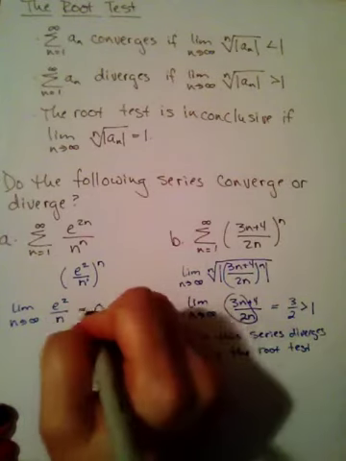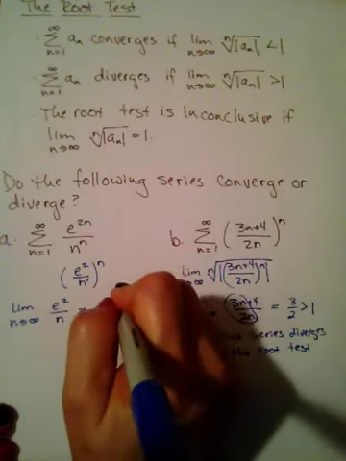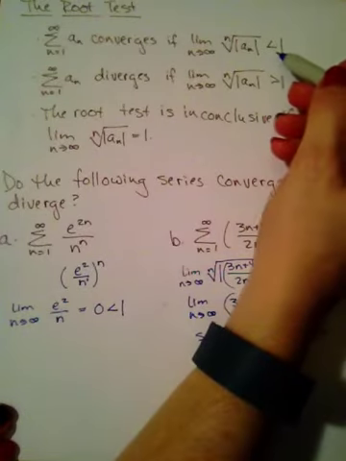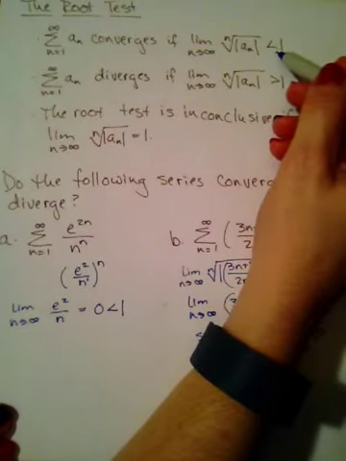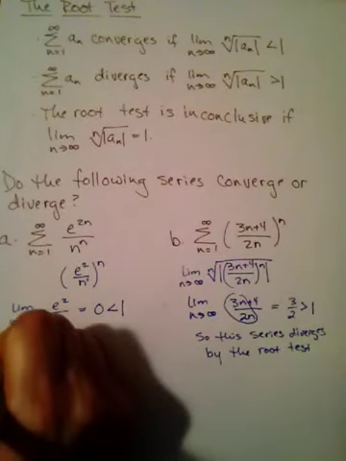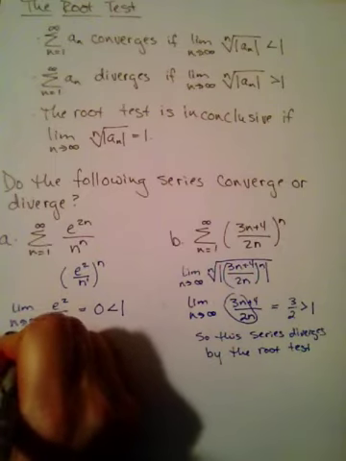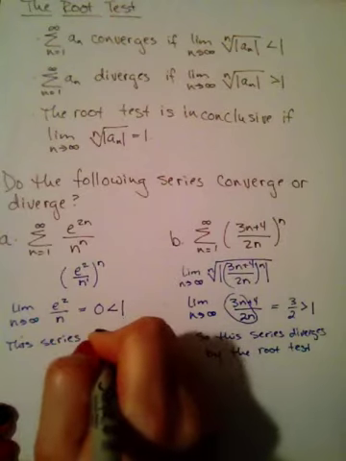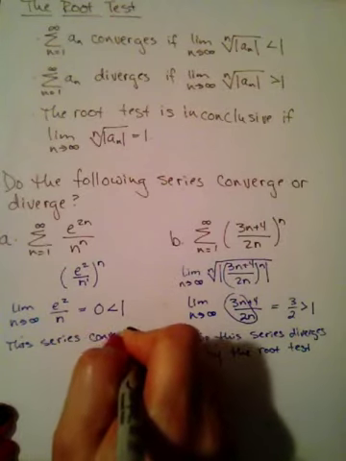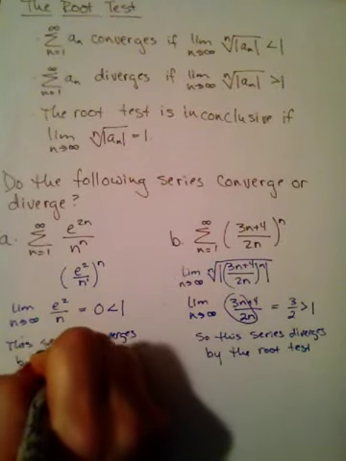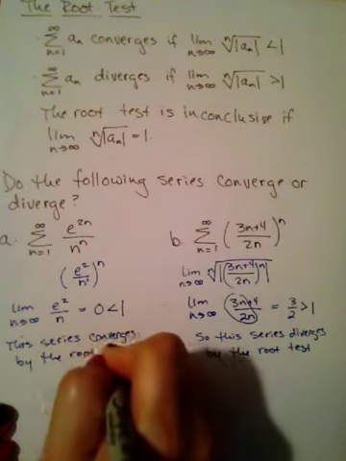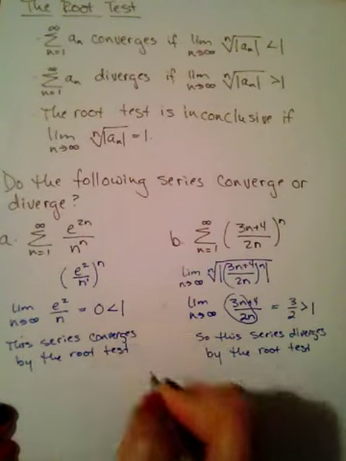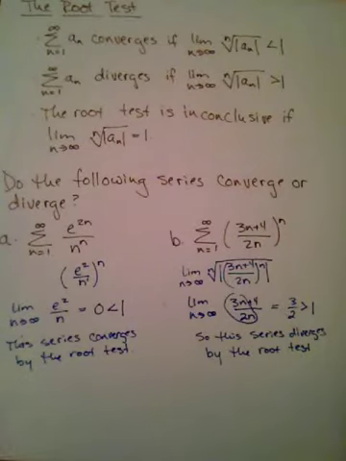And what's important about this being 0 is that 0 is definitely less than 1. So for our root test, if our limit is less than 1, we know that this series converges by the root test. And that is it for the root test.